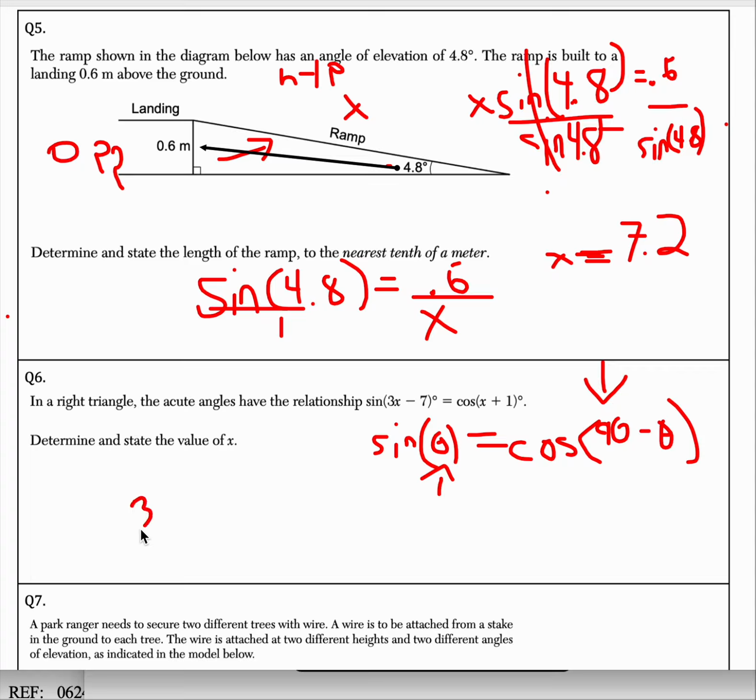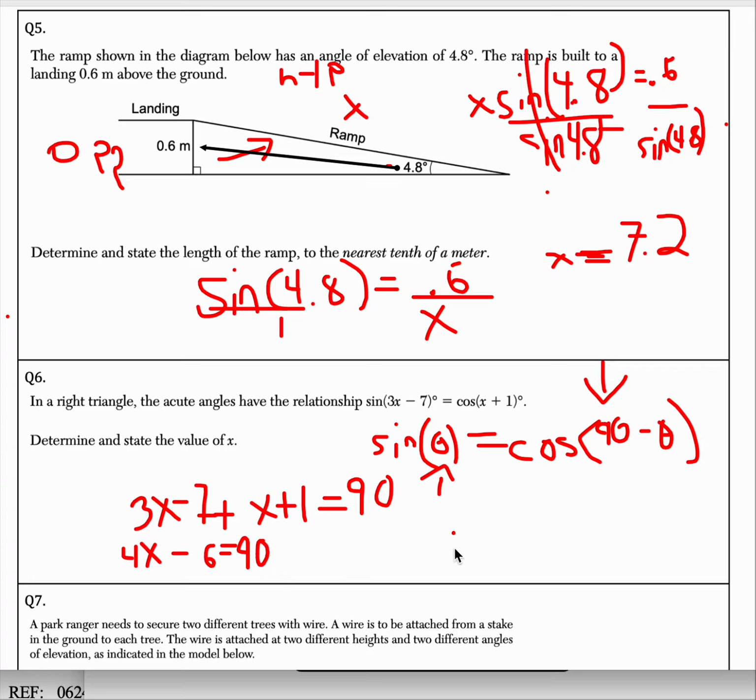So we could set up an equation: 3x minus 7 plus x plus 1. If we add these all up, they equal 90. Okay, now I'm going to combine like terms, and I get 4x minus 6 equals 90.